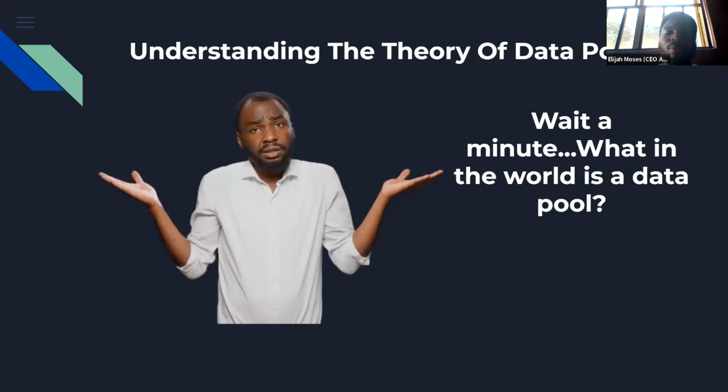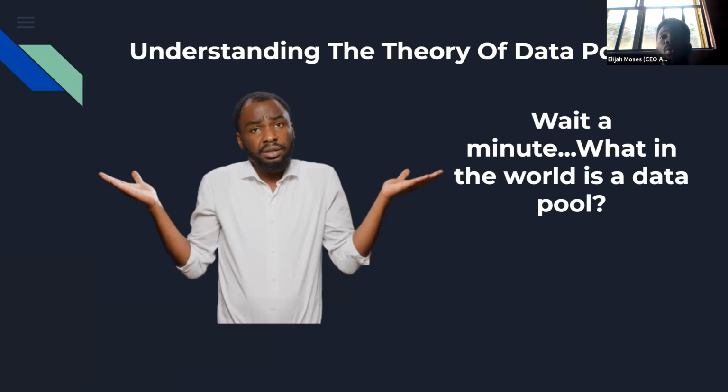Now, understand the theory of data pool. So wait a minute, what in the world is data pool? Well, don't mind the big words, data and pool. In a more flexible understanding, a data pool is basically a center where necessary information is directed towards.